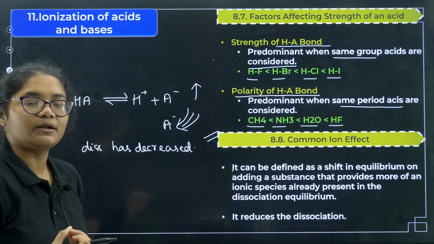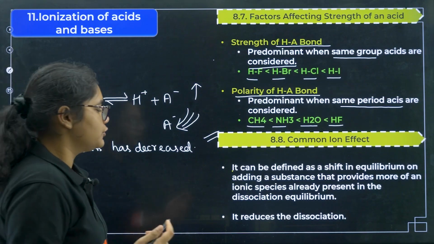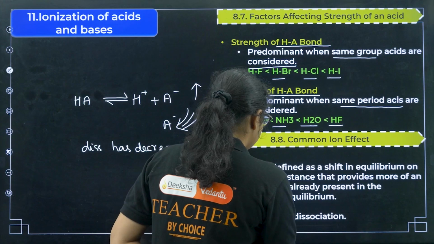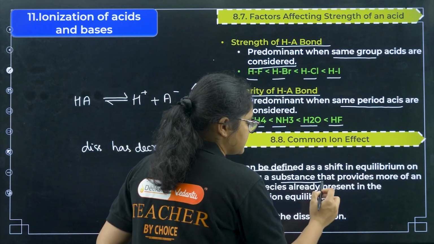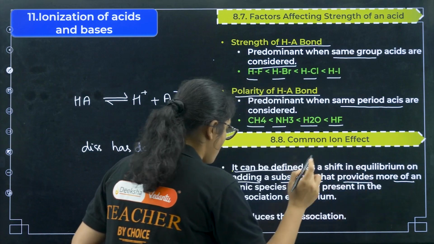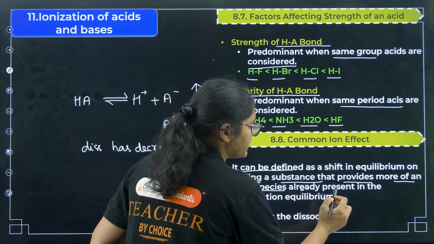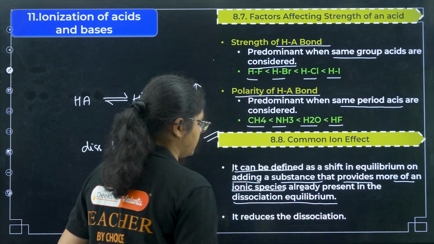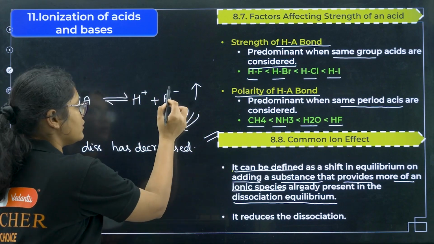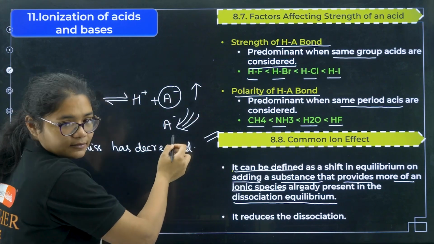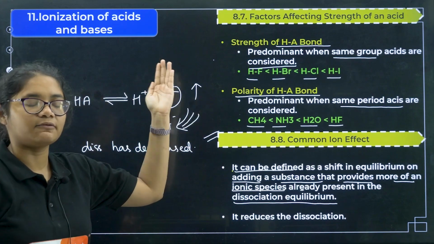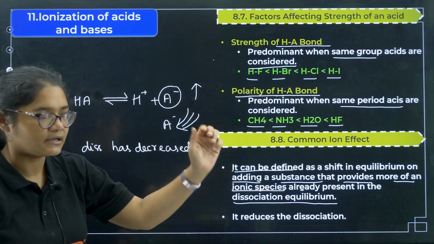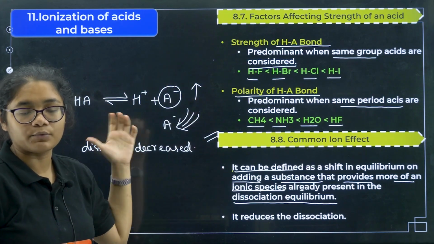So that is nothing but your common ion effect. It can be defined as a shift in the equilibrium on adding a substance that provides more of an ionic species already present in the dissociation equilibrium. So when you already have the same ion and you add more of it, the concentration of the ion increases, and following Le Chatelier's principle, the reaction shifts in the backward direction.